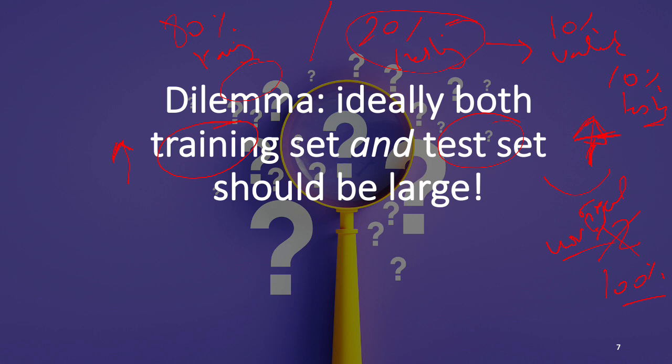Okay, so now these ratios are subject to change, but the important thing is the majority of the data will go to the training stage because it's the most important. Okay, and then the rest will be split into validate and test.